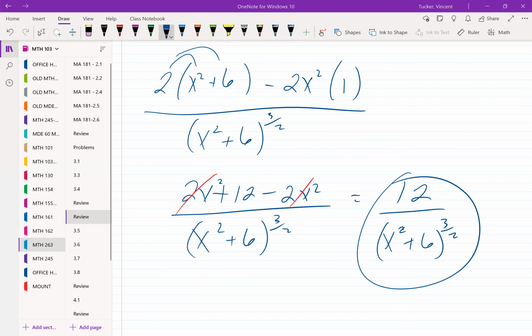All right, next one, implicit differentiation. I got the answer, but I'm confused on how the product rule has been executed. Is the chain rule not used here? Let me look at it.